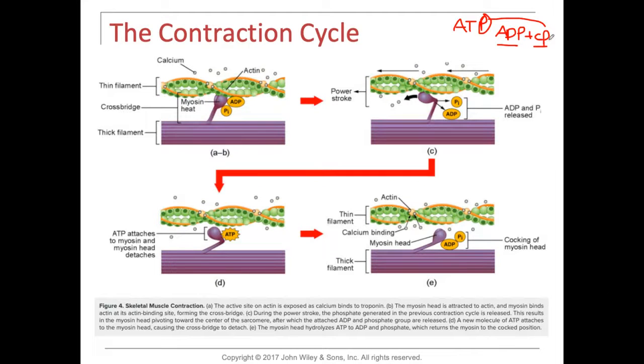And when the body needs to, the ADP can connect with this phosphate and convert us back to ATP if it needs to. All right, so that's why in this picture here you see ADP plus this other P, this phosphate, or you can think of it as CP, creatine phosphate, same thing.